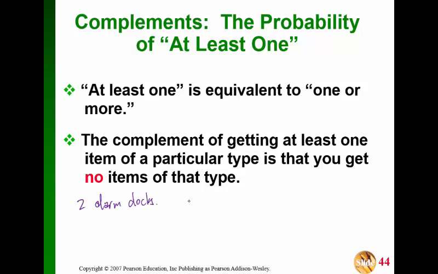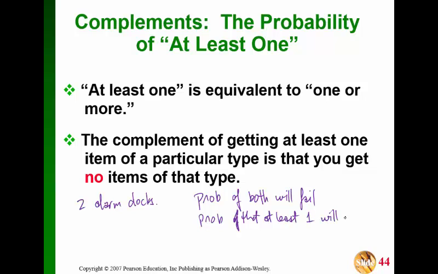And then what is the probability of being awakened by at least one clock? So, you figure it out. The probability that the clock works is 0.85. The probability that at least one will work.